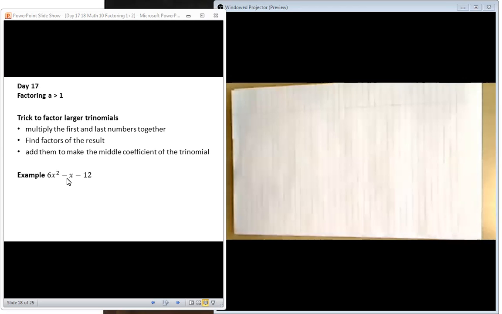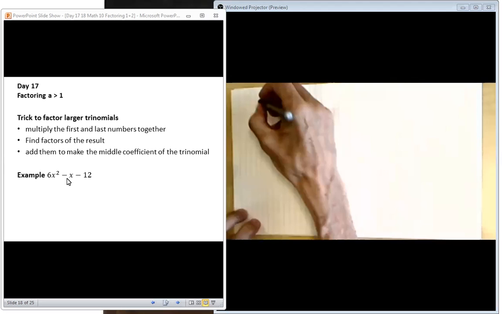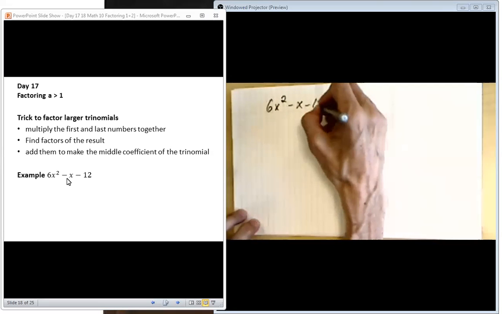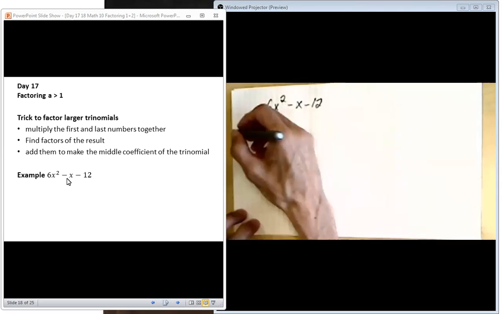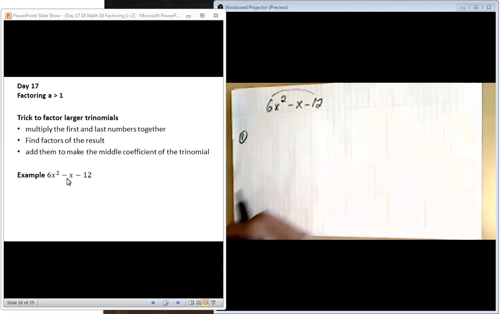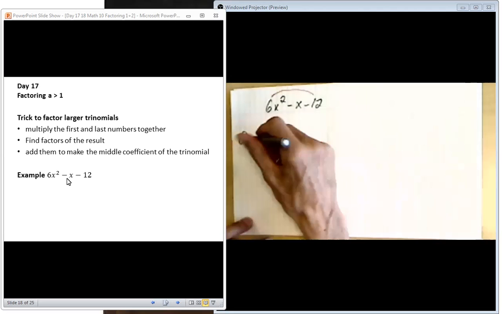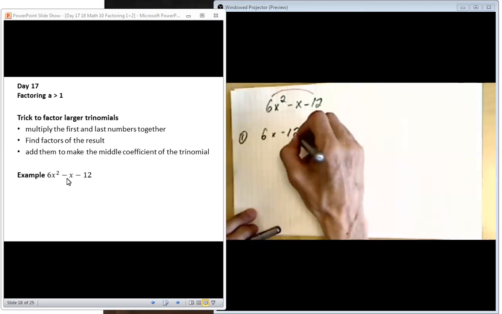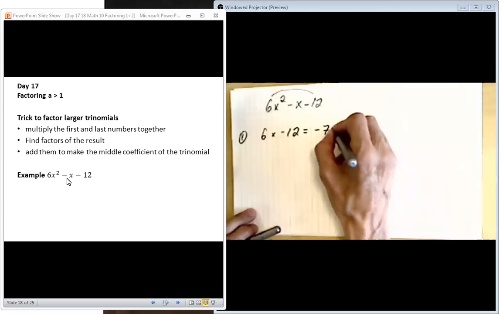So here it is. I'll just show it to you. We got 6x squared minus x minus 12. So for our first step, you multiply these together. So you go 6 times negative 12, and that'll give you a negative 72.